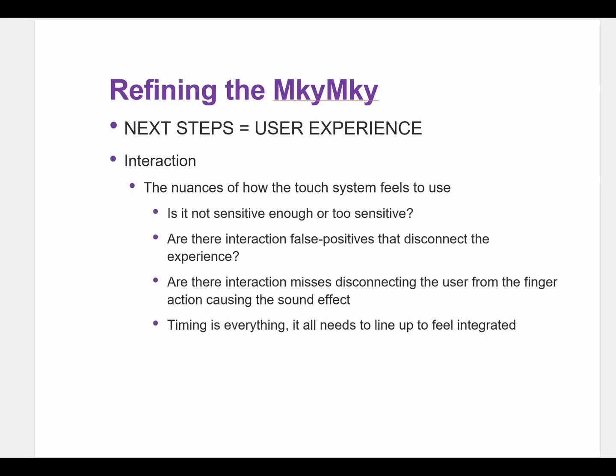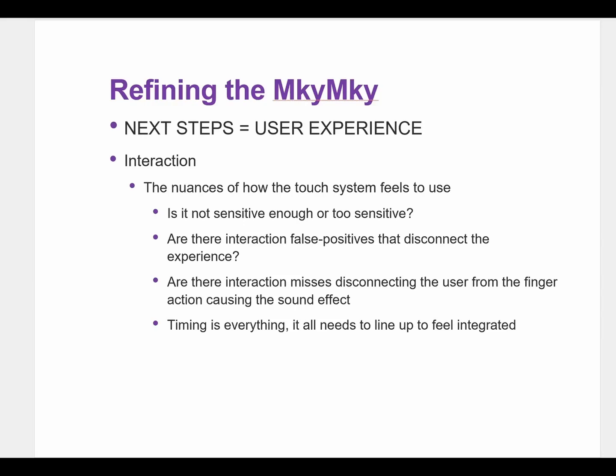So with the interaction, what I'm going to be looking at is the nuances of how the touch system feels to use. Is it not sensitive enough? Is it too sensitive? Are there interaction false positives? We talked about those things from the standpoint of the P5, but now I want to think about them from the physical computing side. Are there wiring issues? Are there circuit issues that are causing these false positives?